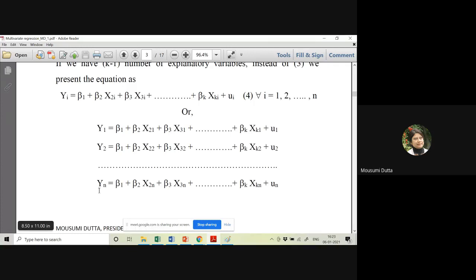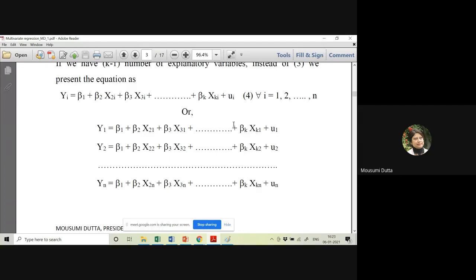And then we can write the entire X matrix as: the first column is 1, 1, 1, 1 up to n number of 1s. The second column is x21, x22 up to x2n. Third column x31, x32, x3n. And it will continue up to xk1, xk2, xkn.